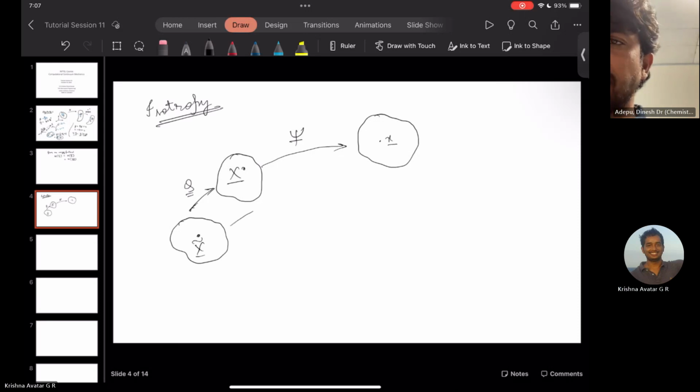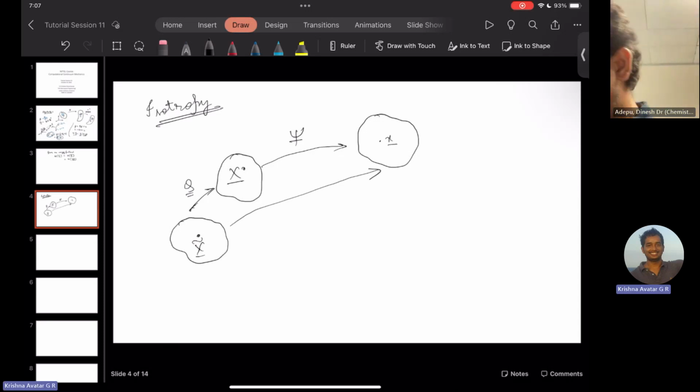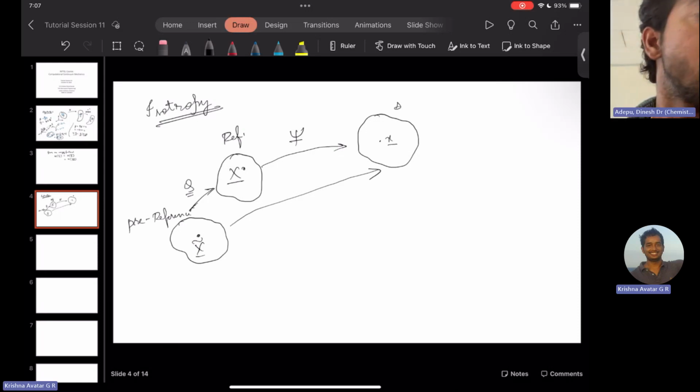After rotating it, you have the current one. This is the reference configuration, and this I'll call the pre-reference configuration. And this is our spatial configuration or current configuration.